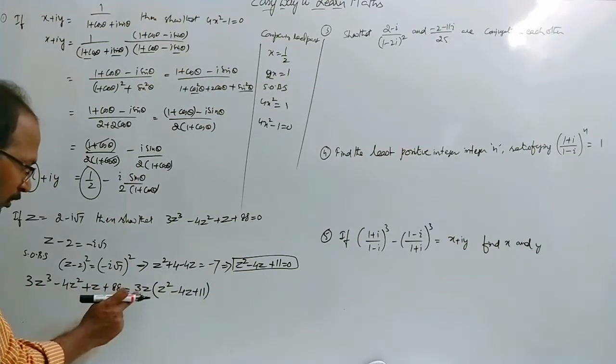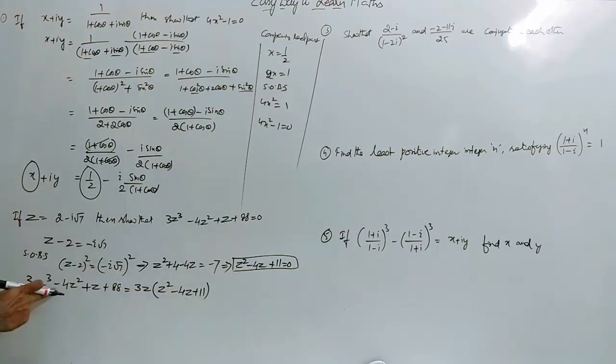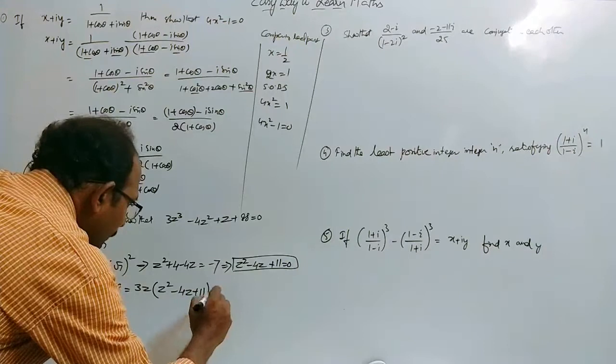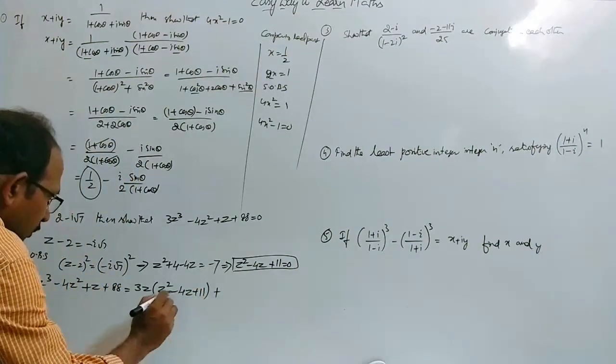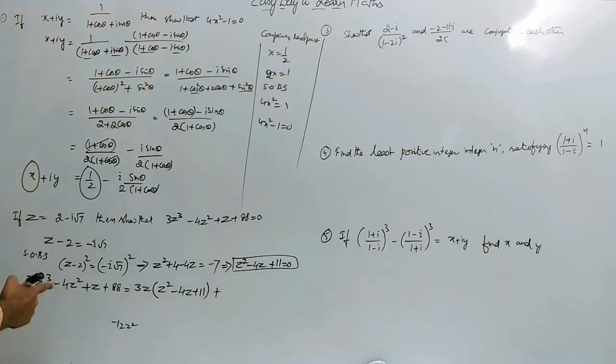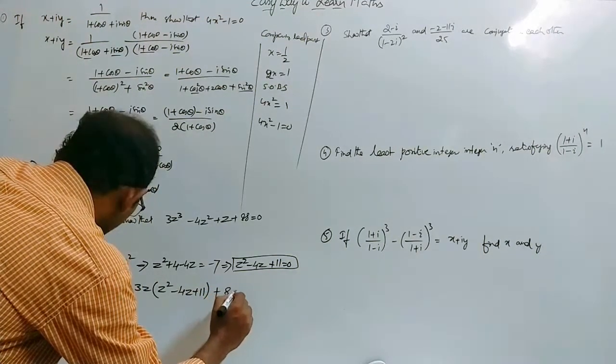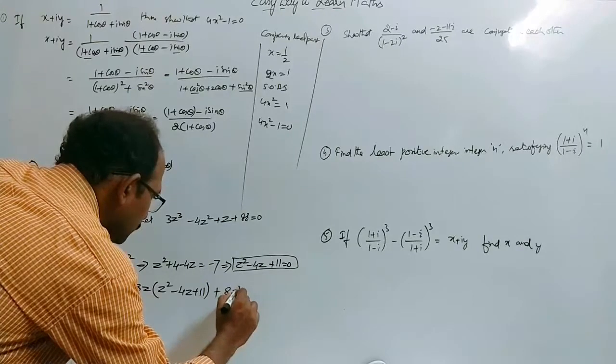In addition, 3z into 4z becomes 12z square, but here only minus 4z square, therefore in addition minus 4 it becomes plus 8z square.